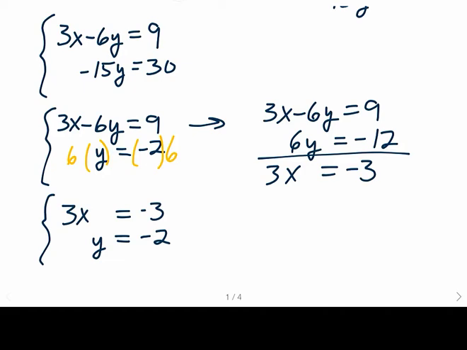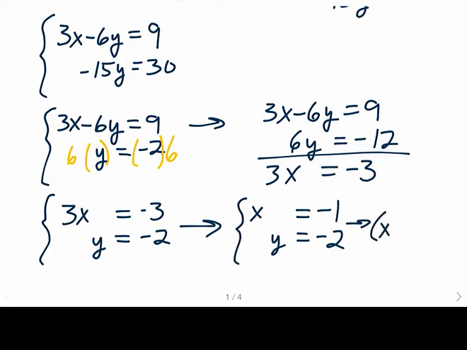And our system, which is starting to become very uninteresting, is 3x equals negative 3, y equals negative 2. And of course, I can go ahead and say then that x must equal negative 1 by dividing by 3, and y is equal to negative 2. And it's hard to think of that as a system. What we would say at this point is that (x, y) is equal to (negative 1, negative 2).